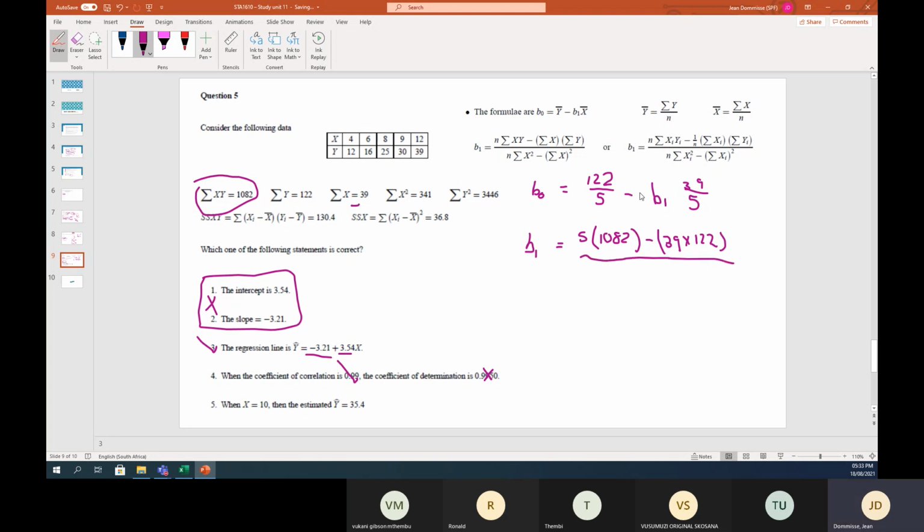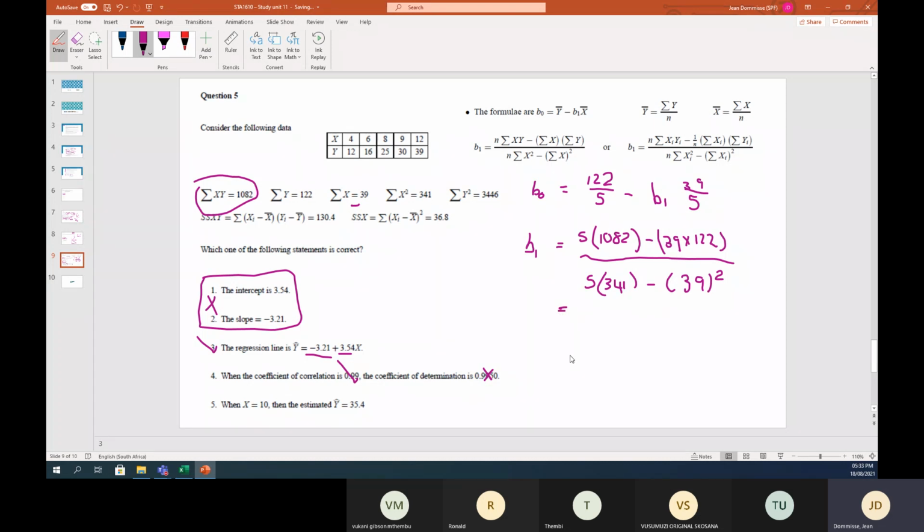So I will definitely see if I can build this in for you in that Excel spreadsheet, just to make your life easier. So 5, the sum of x squared, there it is. I give you all the information to do this, but let's be honest, it is a lot of time.